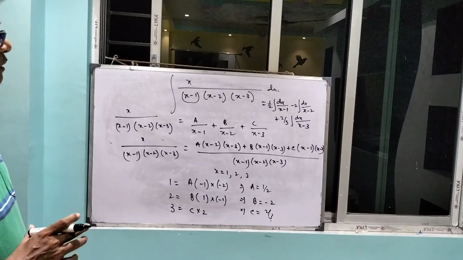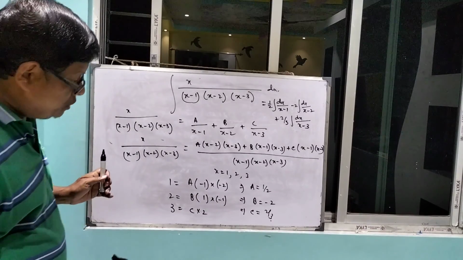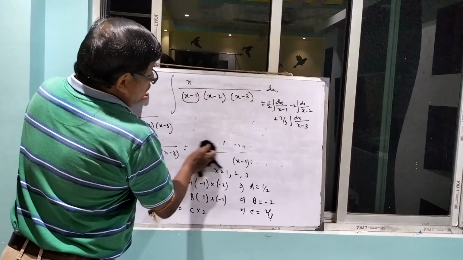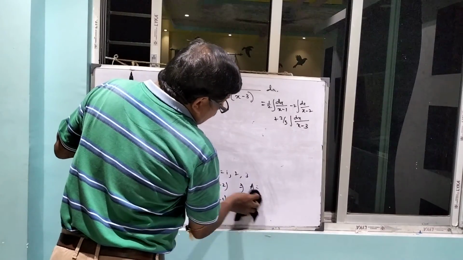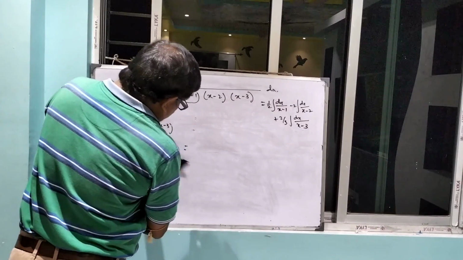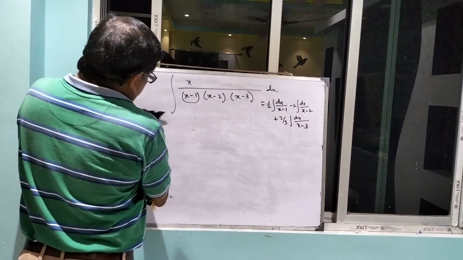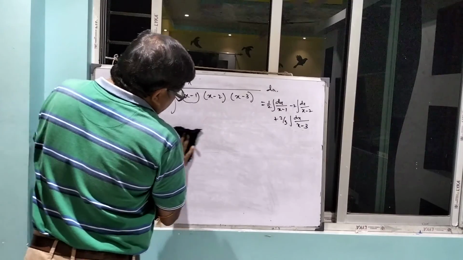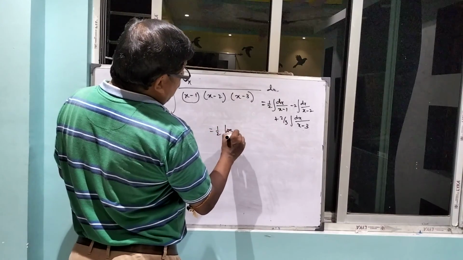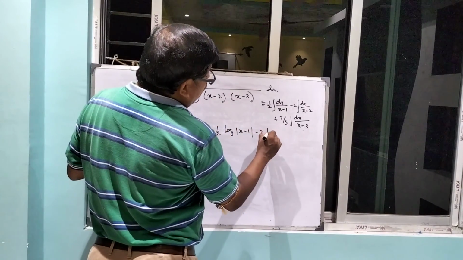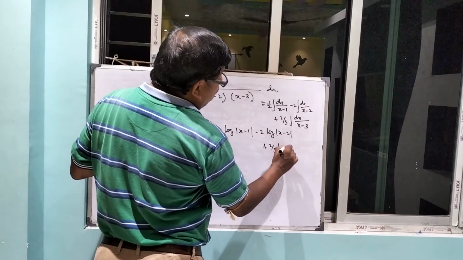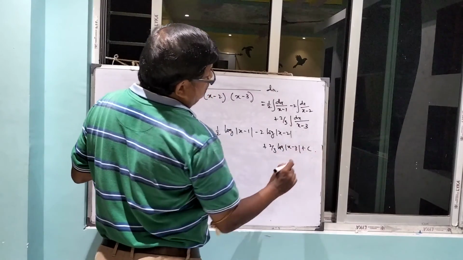Okay, now integration of dx by x minus 1 gives log of x minus 1. So this will be half log of x minus 1, minus 2 log of x minus 2, plus 2/3 log of x minus 3, plus c.